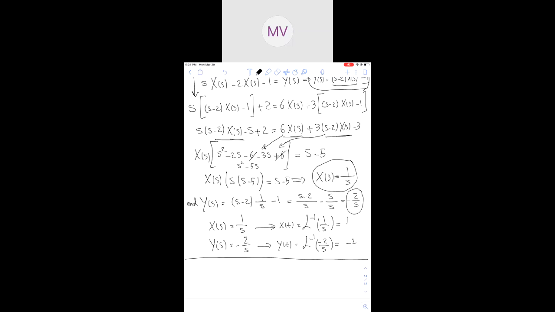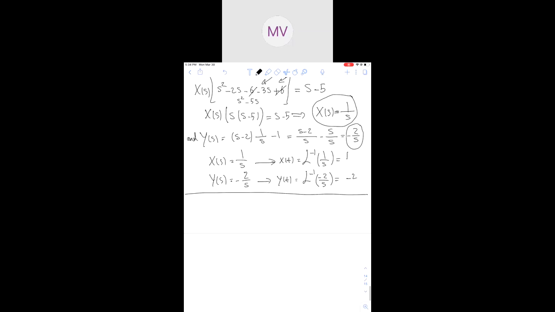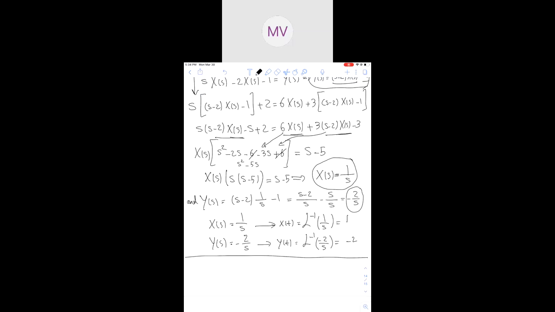Let me do Laplace inverse of... In fact, it's very simple. Laplace inverse of a huge function, then you have to do partial fractions. Because for all of the cases of solving differential equations, you eventually find an x of s which is a crazy function of s, and then you have to Laplace inverse this.